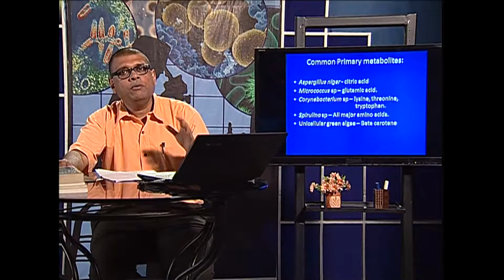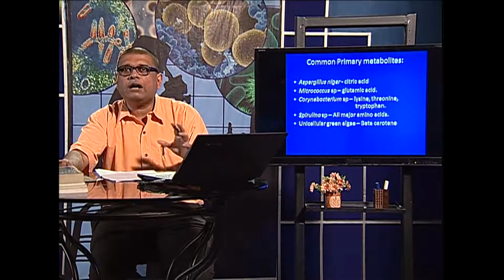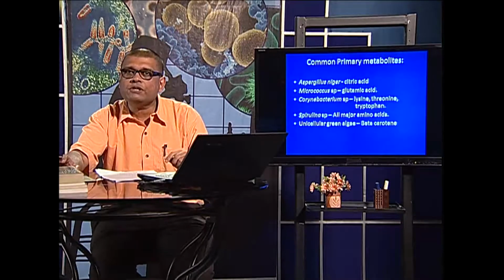Now, there are different products that are being generated by microbes in fermentation. The first set of products, we call them primary metabolites. Why do we call them that? Because these products are more or less produced from the byproducts generated because of the metabolism of the cell. That means any common metabolic process like the respiratory process, like the Krebs cycle, like the EMP pathway will generate all these products.